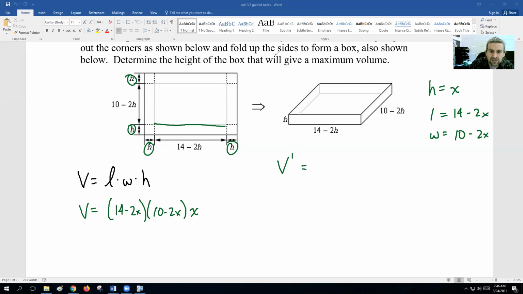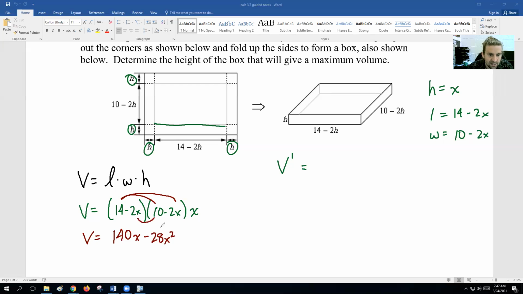Before we jump in to take the derivative, let's see if we can simplify this expression. We can FOIL this out and then multiply by X. 14 times 10 is 140, times X is 140X. 14 times negative 2X is negative 28X, times X gives X squared.